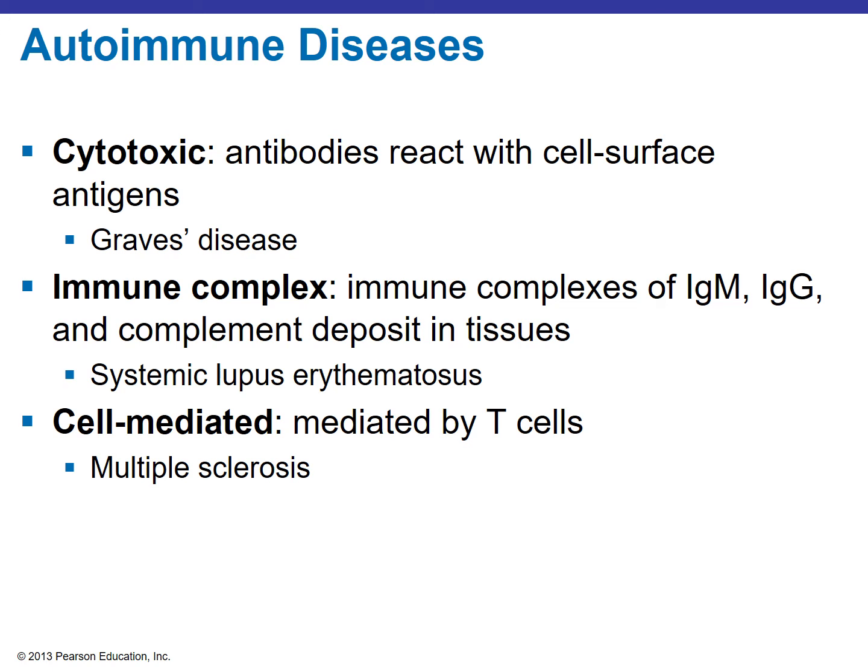So in Graves' disease, the thyroid gland is stimulated to produce large amounts of thyroid hormone. And so this really revs up your metabolism. And when the thyroid is producing all of this excess hormone, it leads to, well, I think one of the most distinguishing signs of Graves' disease is bulgy eyes.